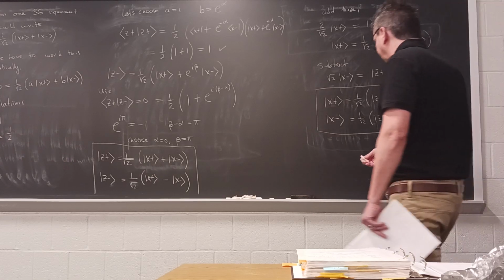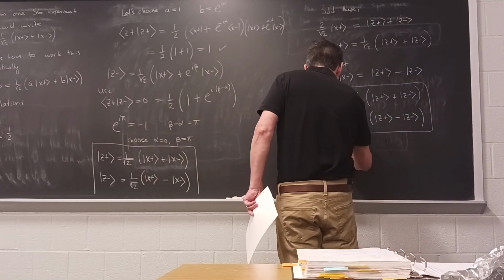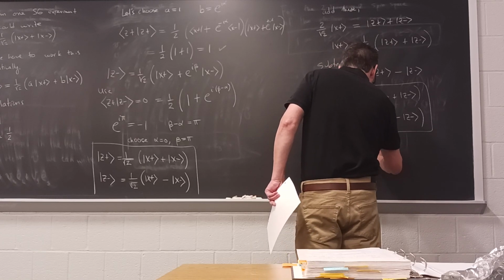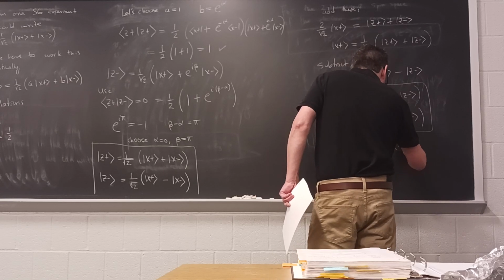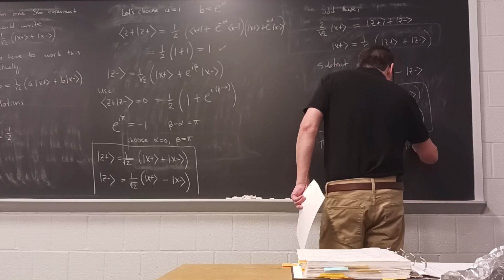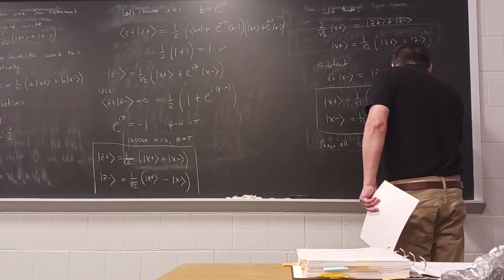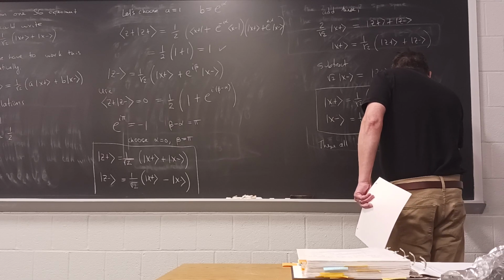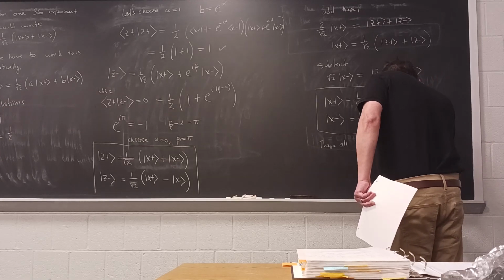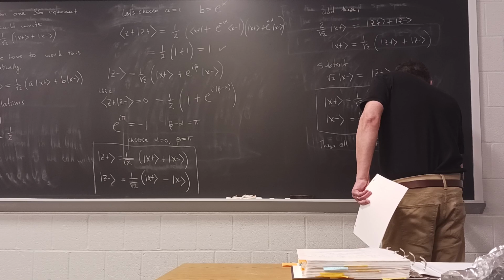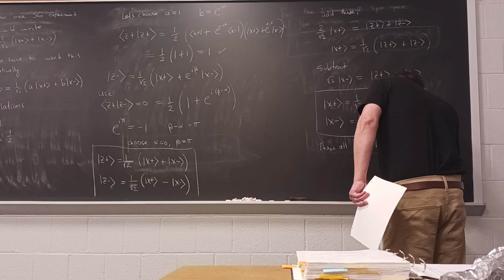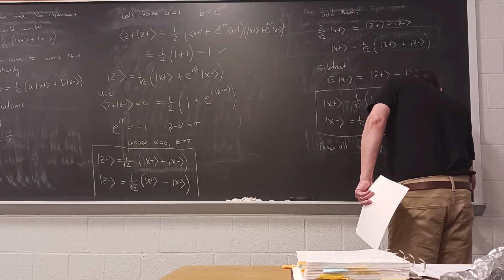Okay, and these all satisfy: x plus with z plus, if I take the square of this thing, it's got to be a half, and x plus with z minus is a half, and x minus with z plus magnitude squared is a half, and x minus with z minus squared is a half.